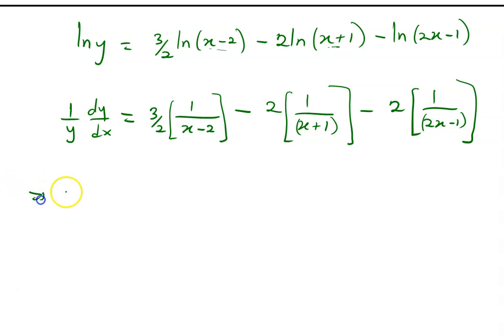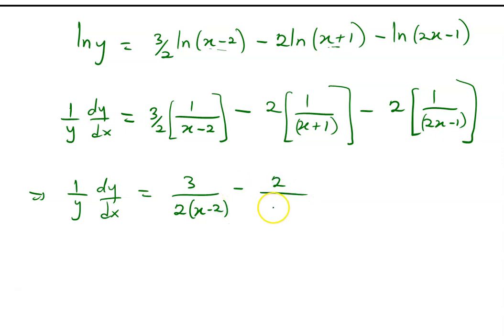So let's move on. You are going to get 1 over y, dy/dx equals 3 over 2 times (x minus 2), minus 2 over (x plus 1), minus 2 over (2x minus 1).